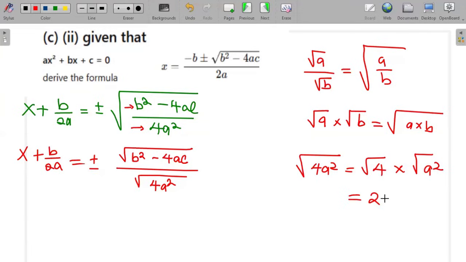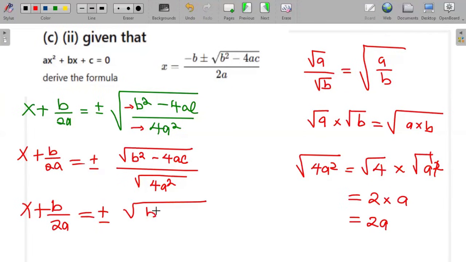The root of 4 is 2, multiplied by, what is the root of a squared? The square and the root cancel out, I just remain with a. So that will just be 2a. So whatever I have in the denominator there just becomes 2a. So this will be x plus b over 2a is equal to plus or minus the root of b squared minus 4ac divided by 2a.